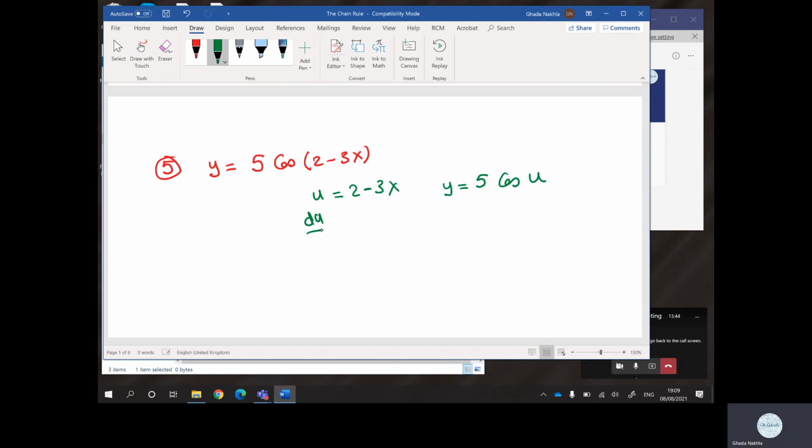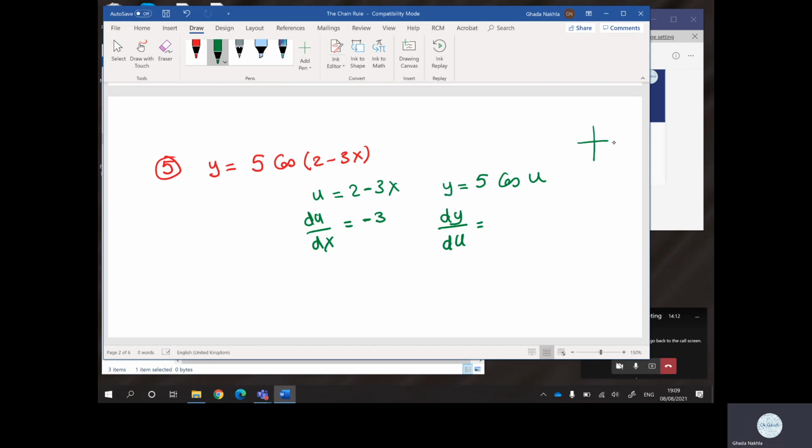And then du by dx is equal to 2 differentiates to nothing, 0, minus 3x differentiates to minus 3, because then the power of x will go from 1 to 0, and x to the 0 is 1. And then dy by du is equal to, what does cos differentiate into?